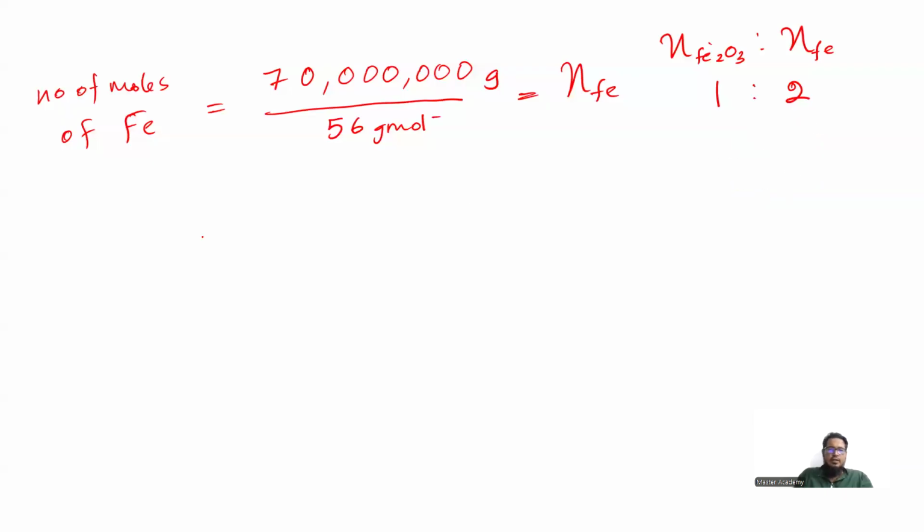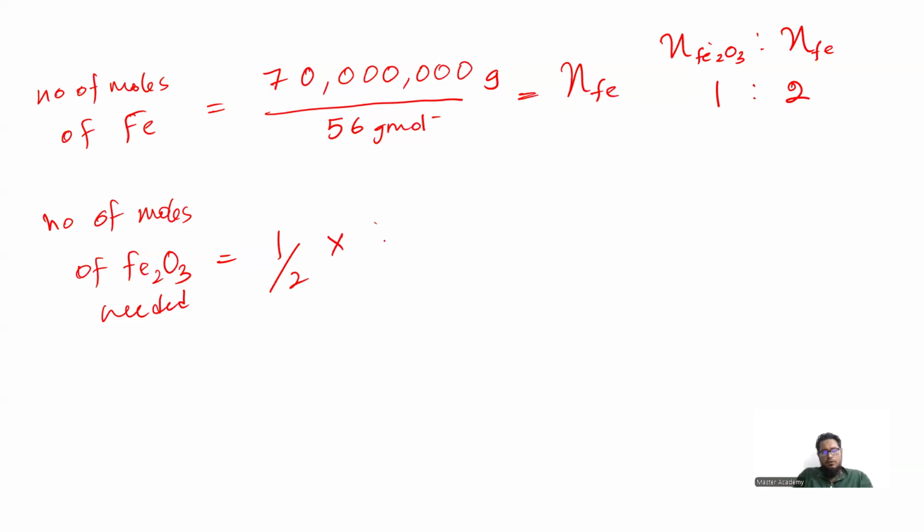So then you can write it again as number of moles of Fe2O3 needed is half into 70,000,000 over 56.